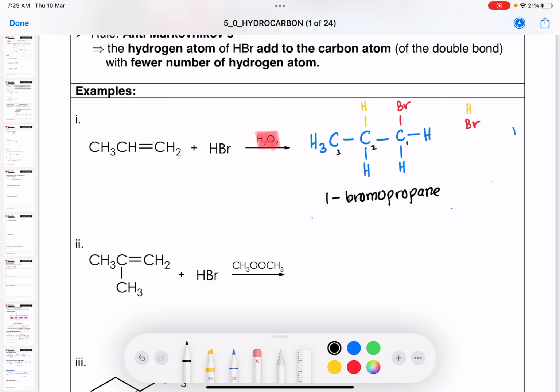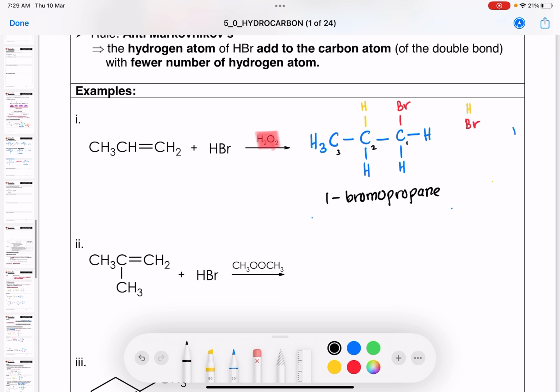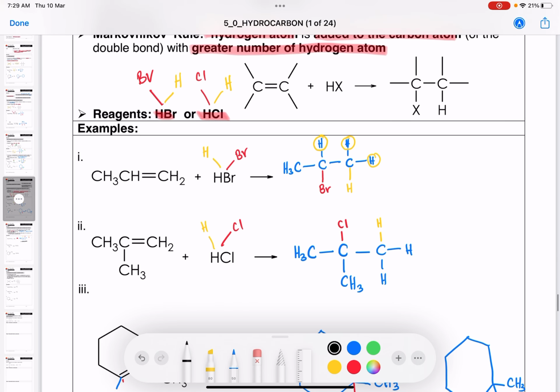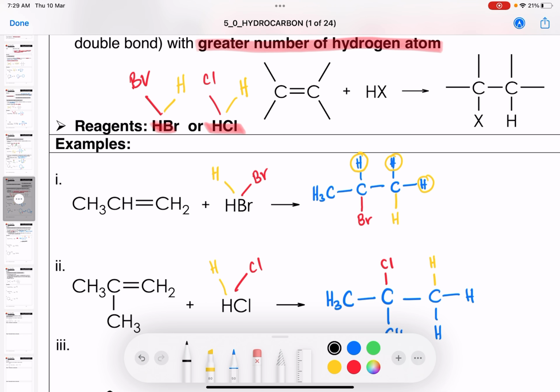But if we go back here, this one, the same direction but following Markovnikov's rule, will be 2-bromopropane. Carbon number 1, carbon number 2, and carbon number 3.